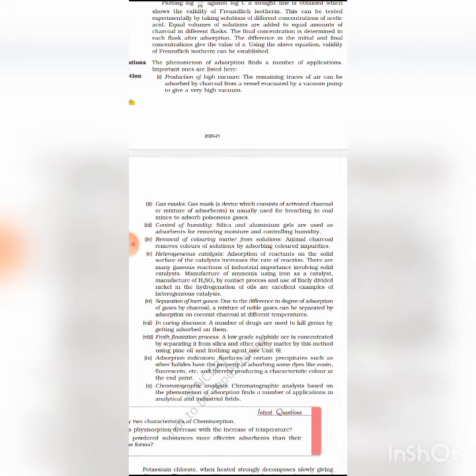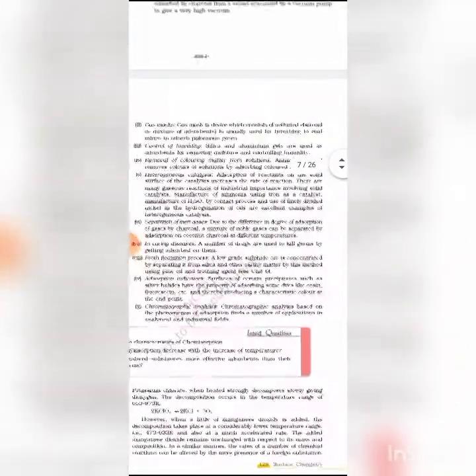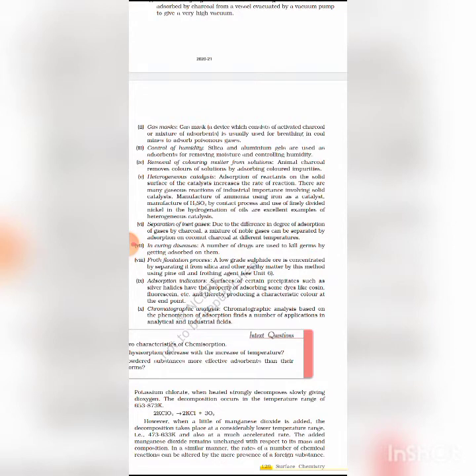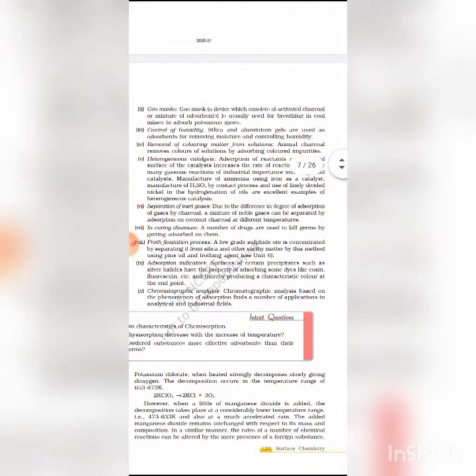In curing disease, a number of drugs are used to kill the germs by getting adsorbed on them. Adsorption indicators: the surface of certain precipitates such as silver halides has the property of adsorbing some dyes like eosine, fluorescein, etc. In precipitation titration, the indicator is adsorbed at the end point, producing a characteristic color on the precipitate.